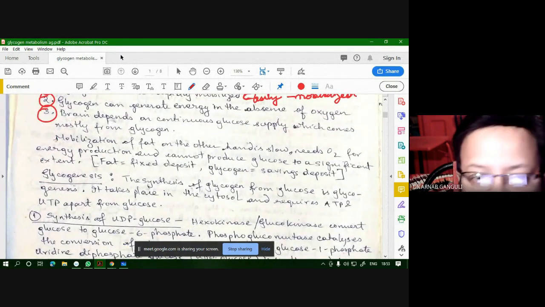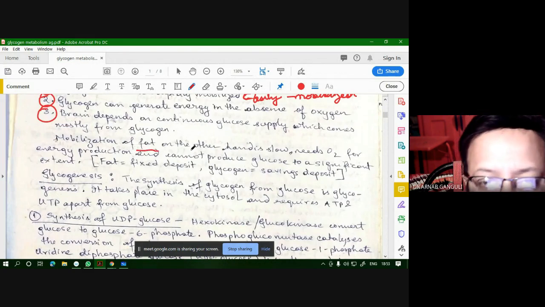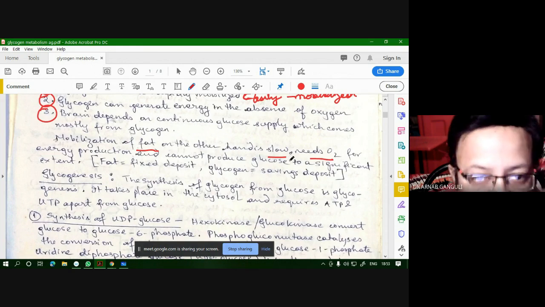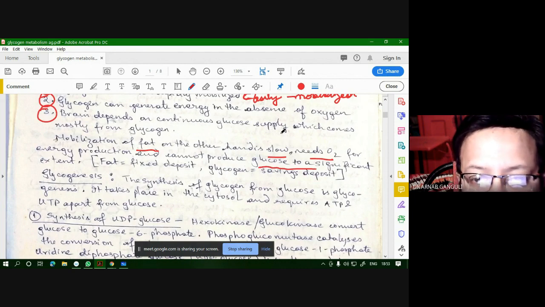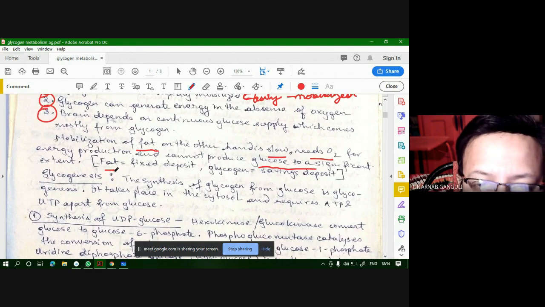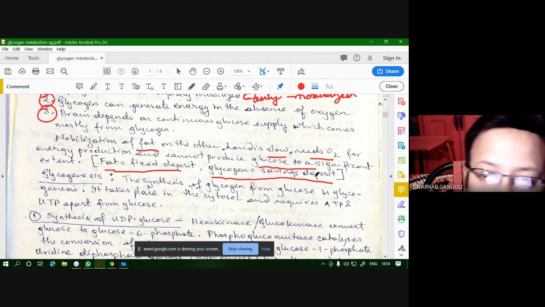And as I said, the first call is glycogen mobilization, because it is very fast. Mobilization of fat is slow and it needs oxygen, and it cannot produce glucose to a significant extent. You can call fat a fixed deposit and glycogen a savings deposit in the body.